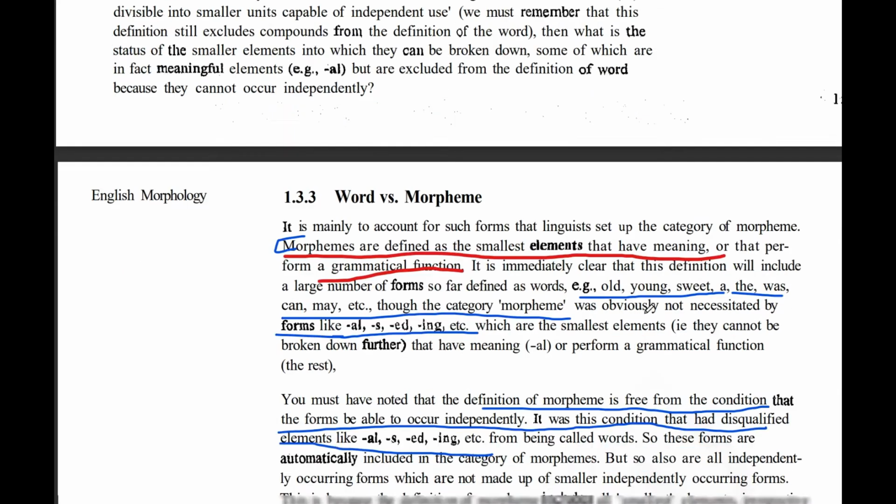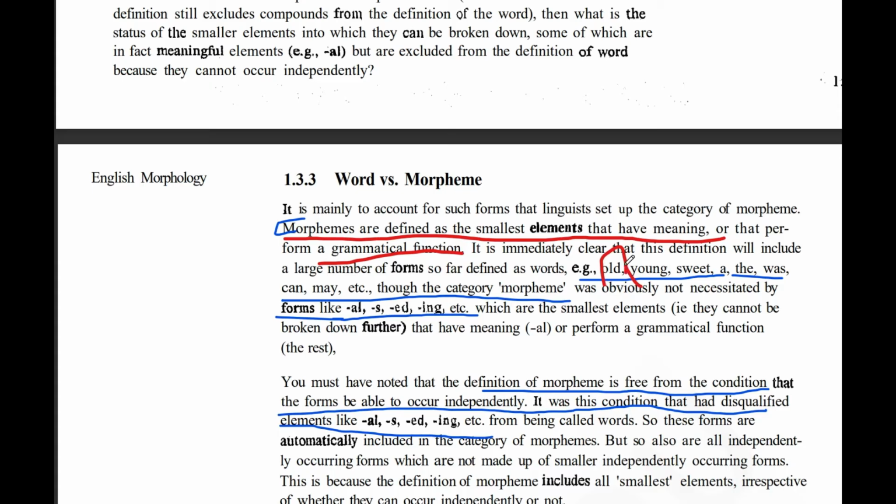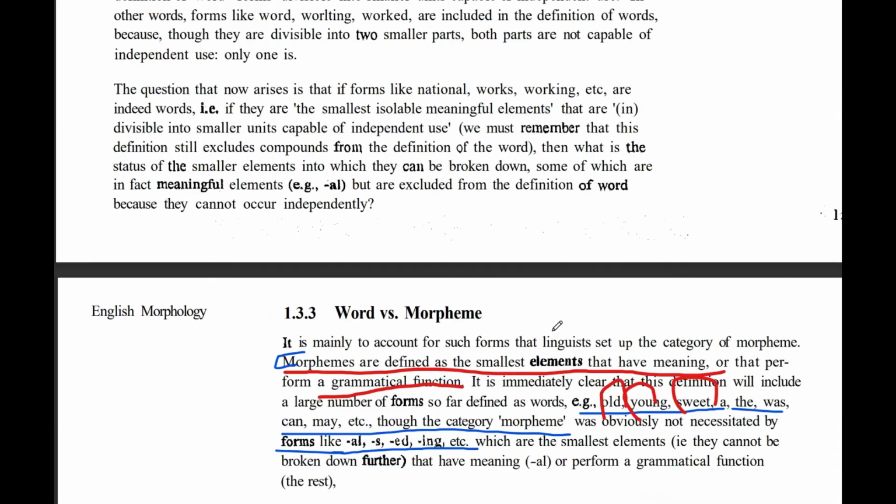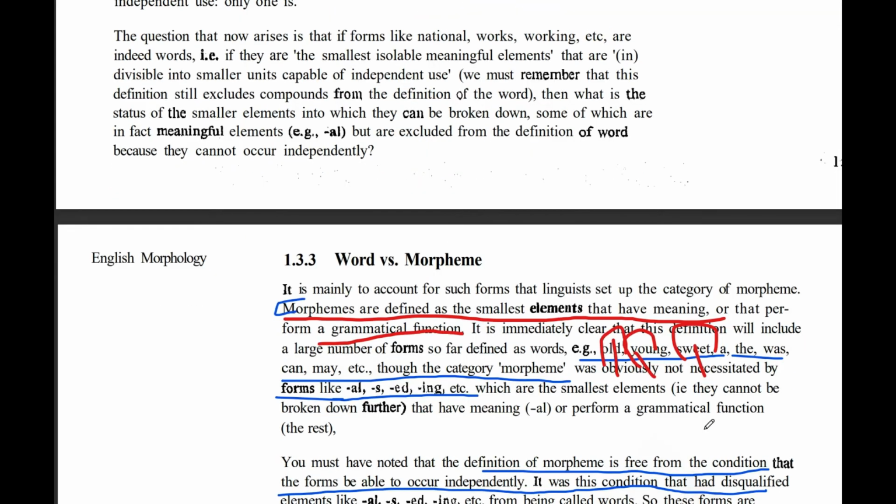So when I say old, young, sweet, they are all morphemes. They are also words, but they are also morphemes. But when I talk about older, younger, or sweeter, they are just words. They are not morphemes. So a morpheme could be a word, but not every word is a morpheme. That we have to understand.